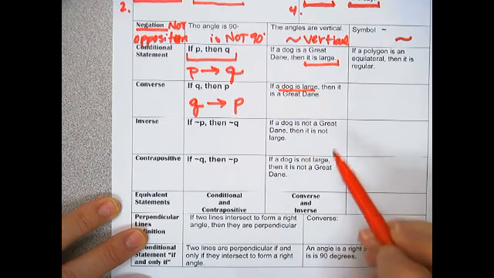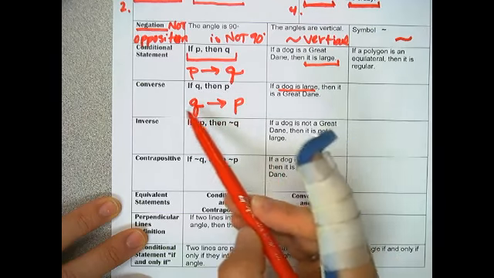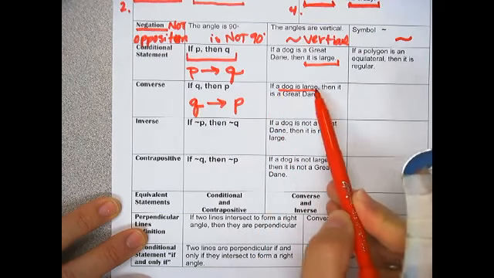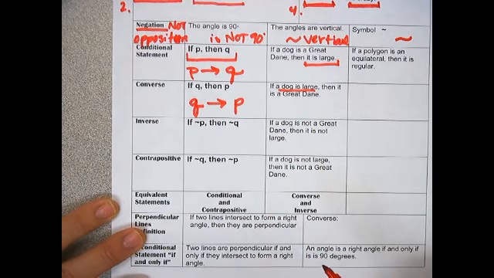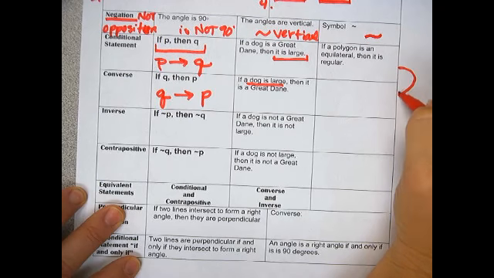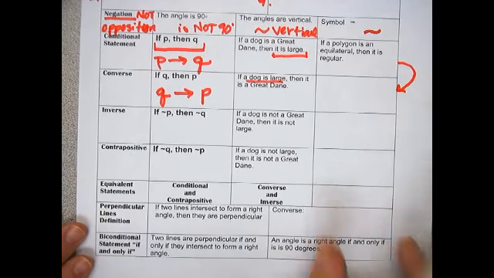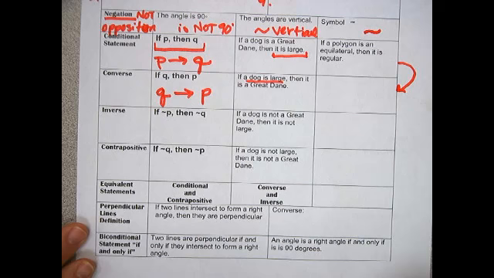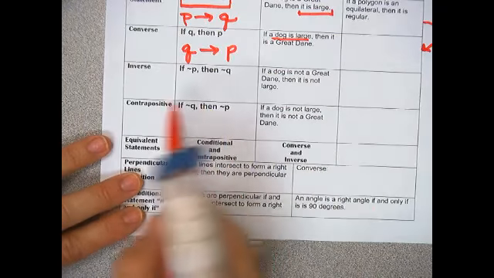If the original was if a dog is a Great Dane, then it is large, and you flip-flop that so the conclusion becomes the hypothesis, it's in the converse form, Q then P. If a dog is large, then it is a Great Dane. So over here in this box, can you please rewrite this statement as its converse? Flip-flop those two.